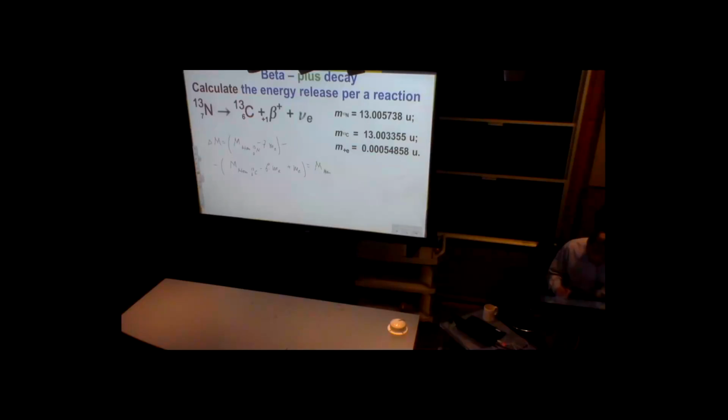Atomic. Minus 7 electron masses. Now minus atomic, plus 6 minus 1. And again, we can simplify this equation because we have 3 terms with a common factor.